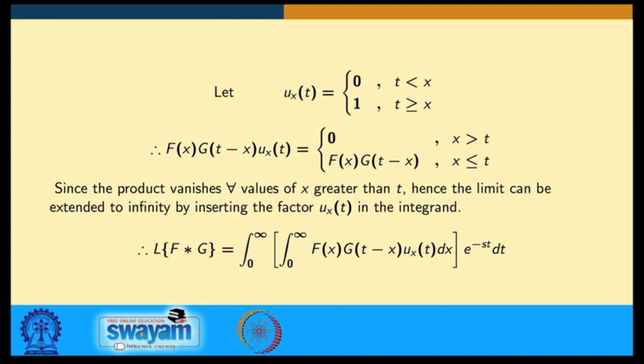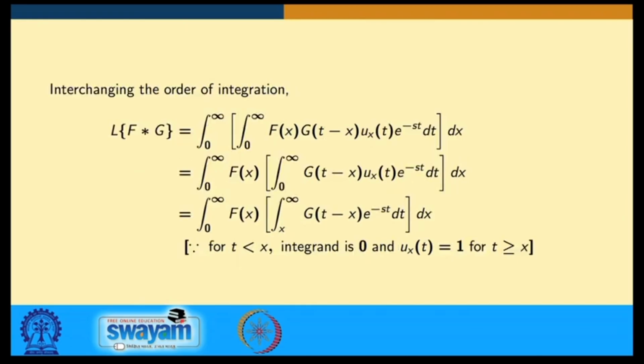Therefore this integral 0 to t can be made 0 to infinity, and then I am interchanging the order of the integration. Then I get 0 to infinity f(x) into this, and since for t less than x the integrand is 0, I am making 0 to infinity into x to infinity.